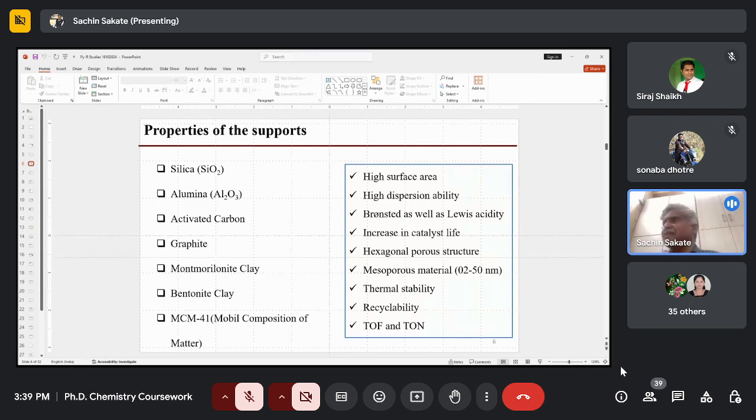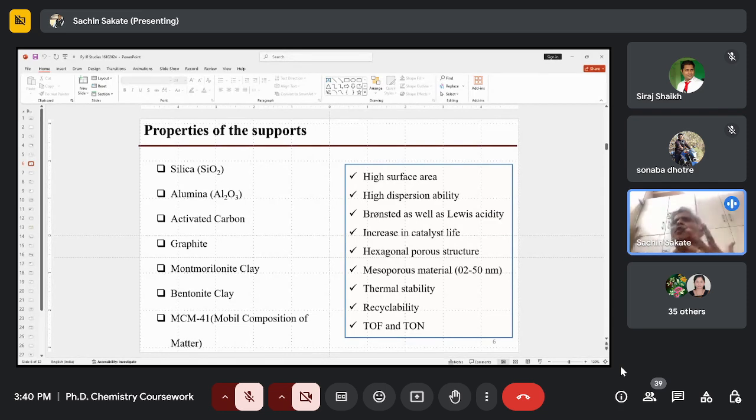It has a very high thermal stability. These are stable up to 500, more than 500 degrees centigrade. These materials are stable, so they can be recycled so many times. They can be reused up to 10 recycles. We have already used this material in the lab up to 10 recycles or 10 cycles actually.